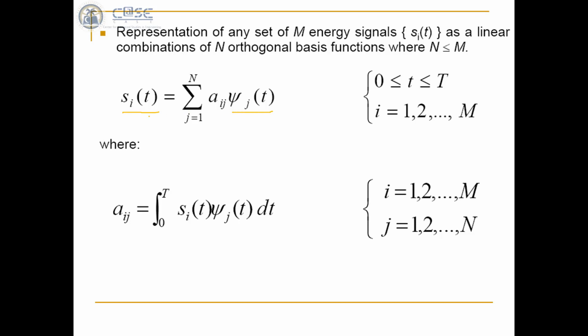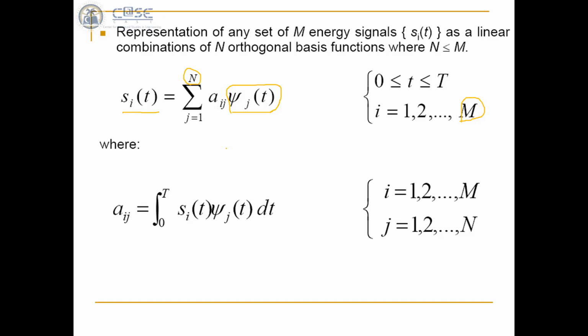Assume we have capital M signals, i varies from 1 till capital M. So we have s_i of t, the ith transmitted signal, represented in terms of capital N basis functions, and each basis function will have its contribution towards the signal s_i of t.